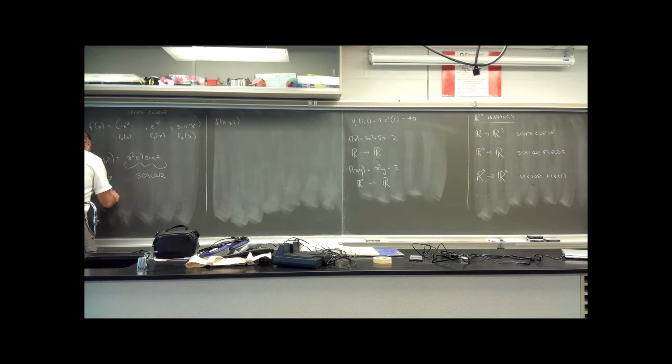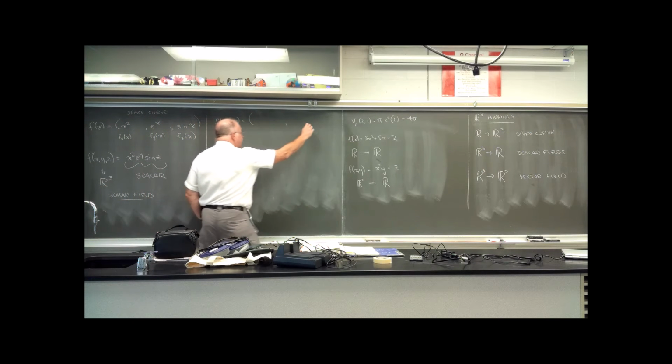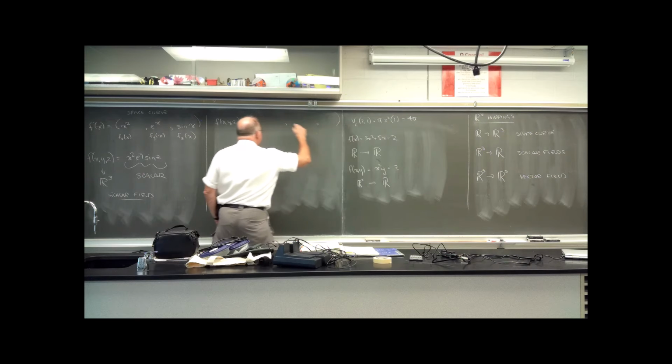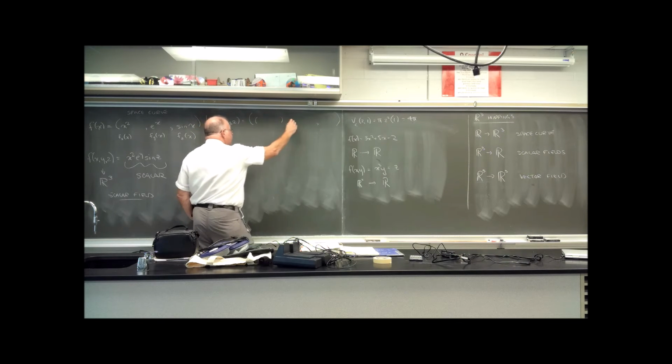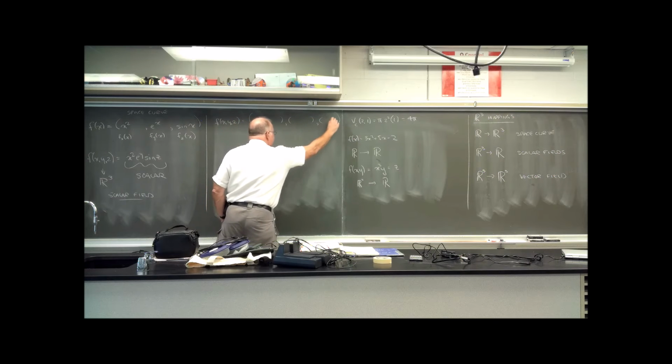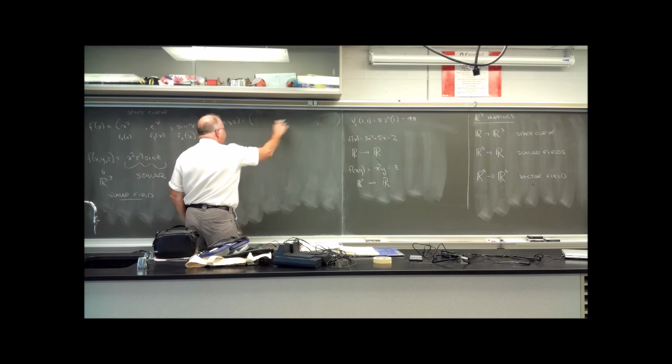And here we have our scalar field. And finally here, very similar to the space curve, but here we're going to have, if you will, a vector in each. I misspoke. Also, we're going to have a computation in each case.